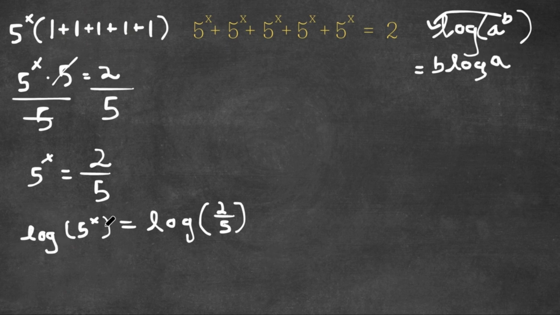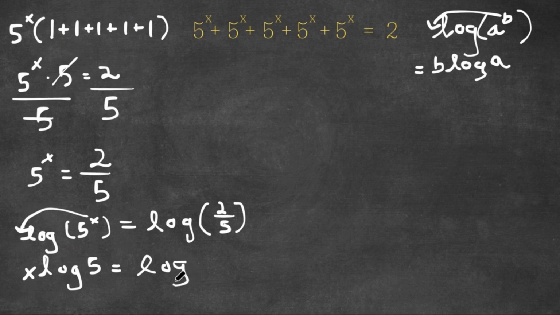So in this case, we have log 5 to the power of x, and I can move this exponent x to the front of the logarithm. So this would equal x times log 5 is equal to log 2 over 5.